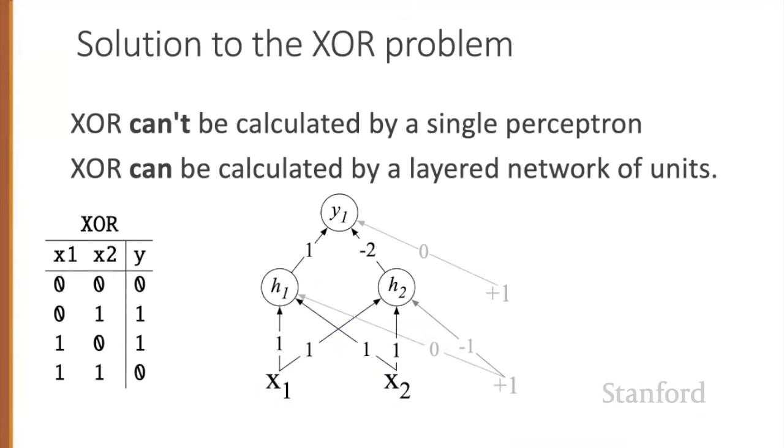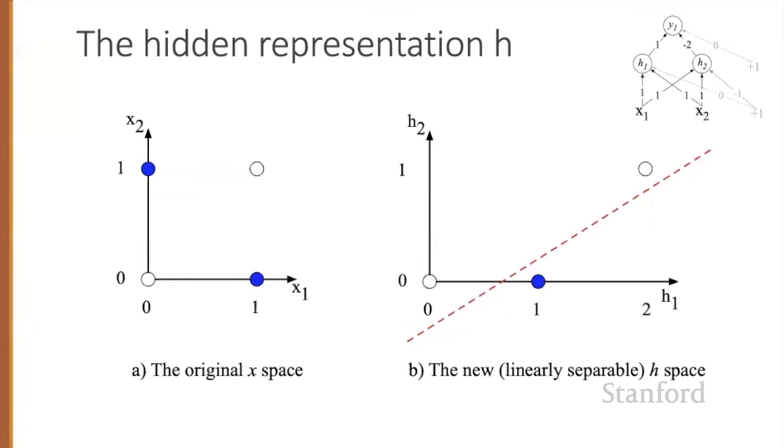I recommend you pause the video and work through the computation of the remaining possible input pairs to see that the resulting Y values are 1 for the inputs 0,1 and 1,0, but remain 0 for 0,0 and 1,1. It's also instructive to look at those intermediate results, the output of the two hidden nodes H1 and H2. Here's the original X space, where XOR of 0,1 or 1,0 should return 1.